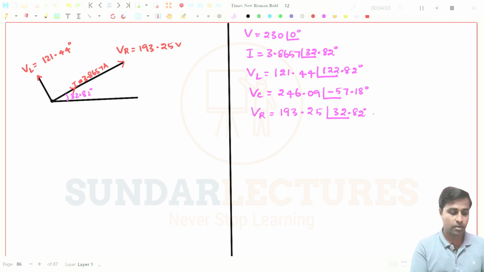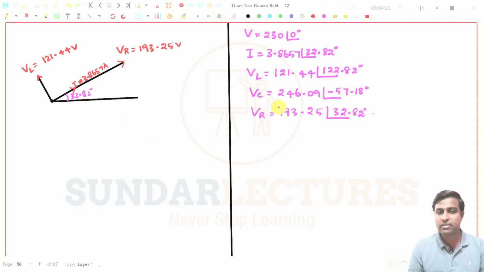Sorry, not degree, it is volt. So it is the voltage value. We have drawn VL and VR, and this angle I will write down finally, because we need to draw everything.